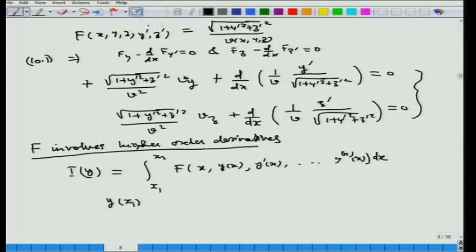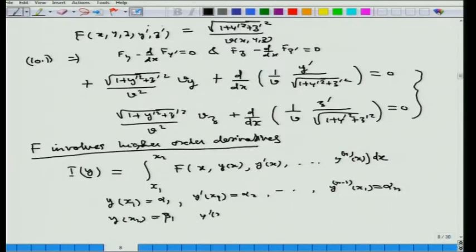y at x 1 is alpha 1, y prime at x 1 is alpha 2, up to y n minus 1 at x 1 is alpha n, and y at x 2 is beta 1, y prime at x 2 is beta 2, and so on to y n minus 1 at x 2 is beta n.